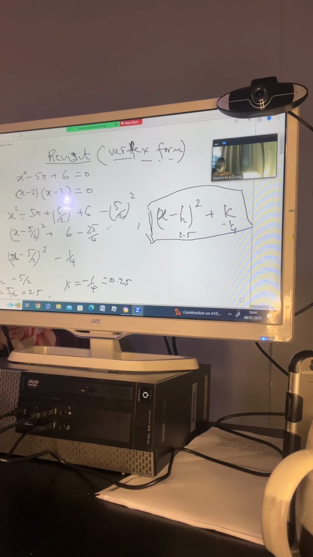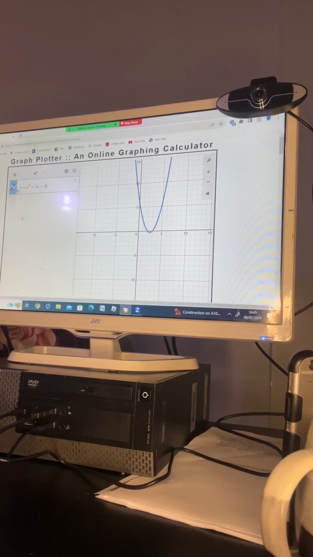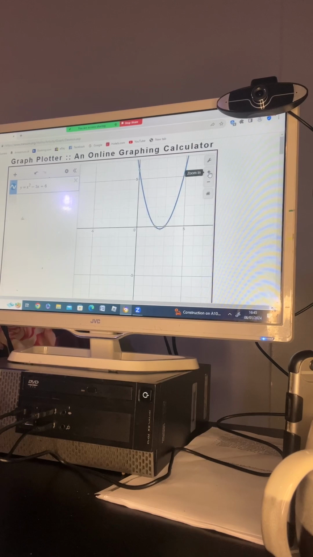Now let's plot this graph and see. So this is the graph y equals x squared minus 5x plus 6. When you plot it, you get something like this. The roots of this equation are 2 and 3. Let me just expand it a little bit.